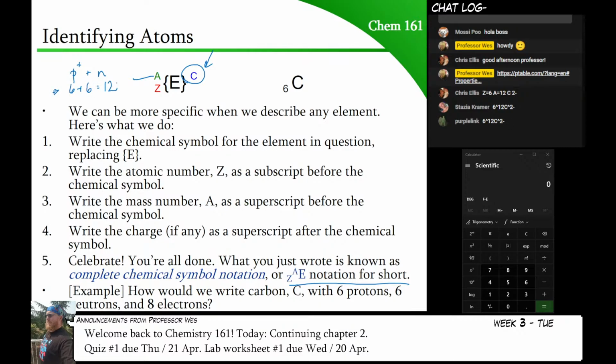So since we have 12 total protons and neutrons, we'd put a 12 up there. And then the charge would go in front. Charge is just protons and electrons considered together, which would be something like this. So I have 6 protons and 8 electrons for a total of -2. So we'd put the -2 right there.